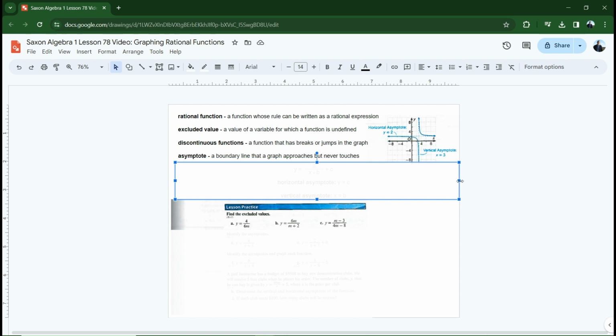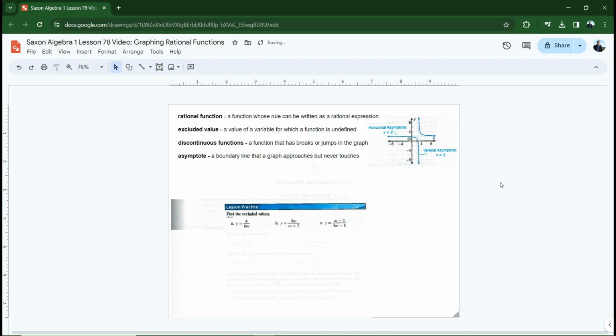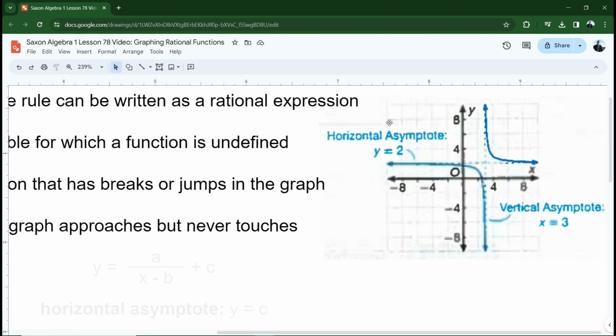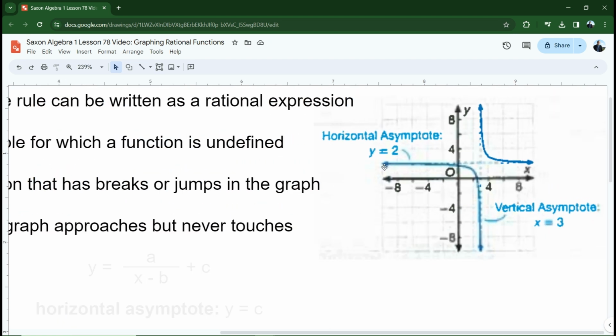Now, over here, I have an example of a graph of a rational function. You'll see that this graph starts on the left, and then starts going to the right, to the right, to the right. There's this horizontal dotted line here.